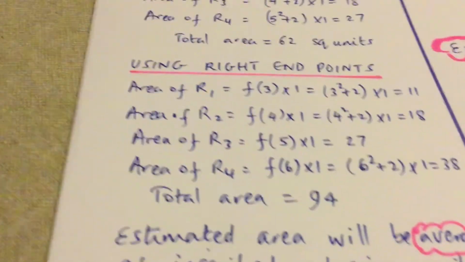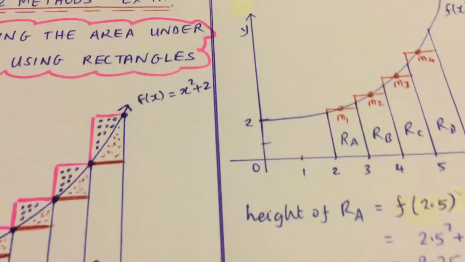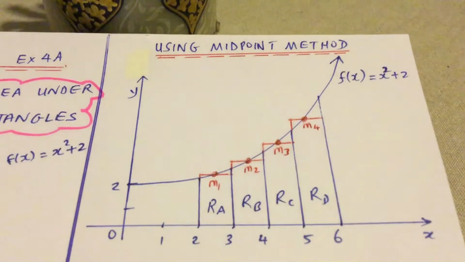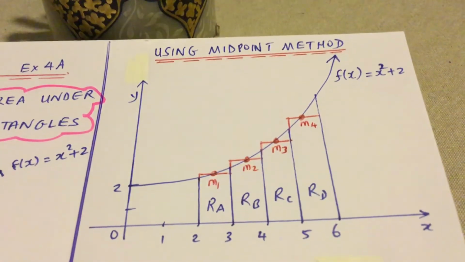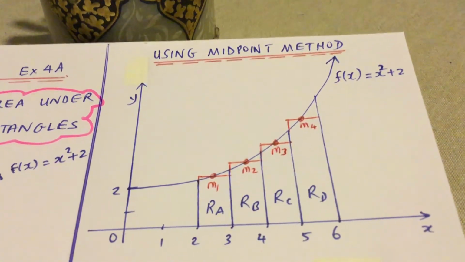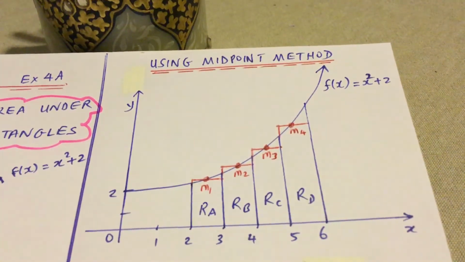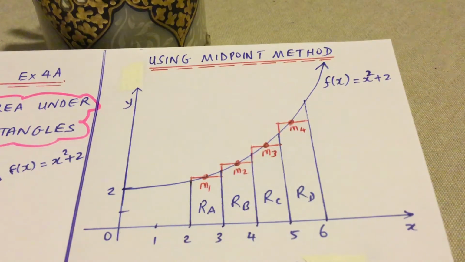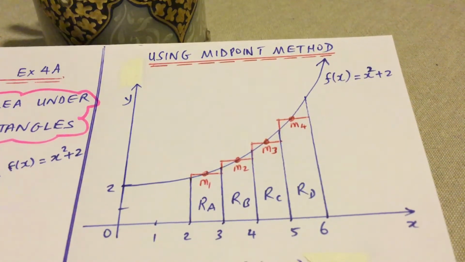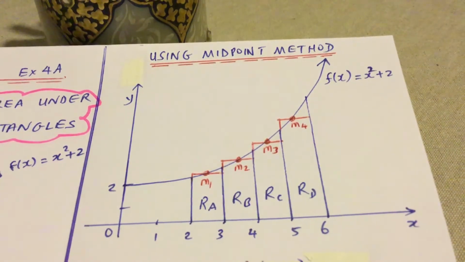Now we're going to look at the second method of estimating area under a curve using the midpoint method. Then we're going to compare those two methods, to see which one is more accurate. Using the midpoint method, for the first rectangle A, we find the midpoint. The midpoint between 2 and 3, of course, is 2.5.